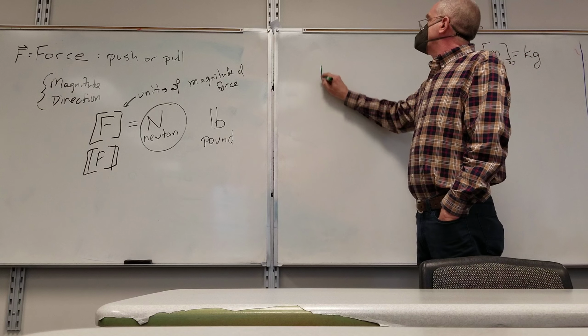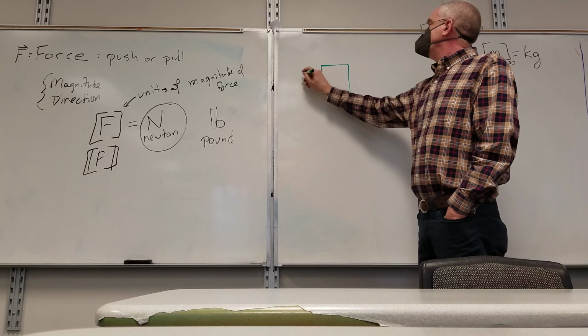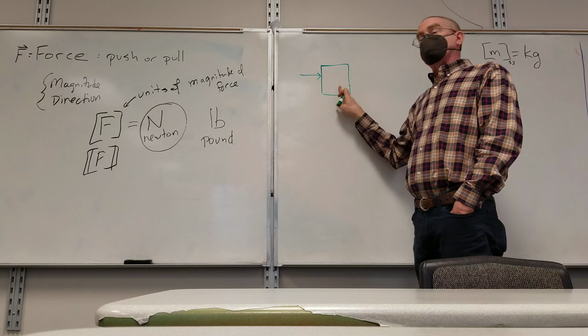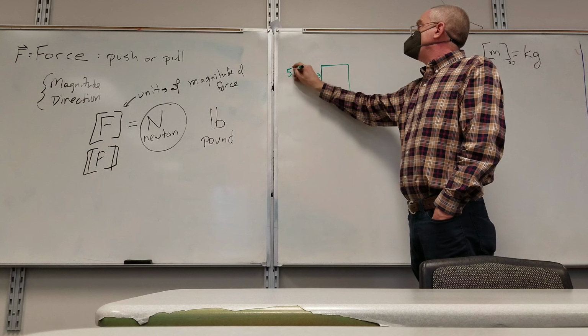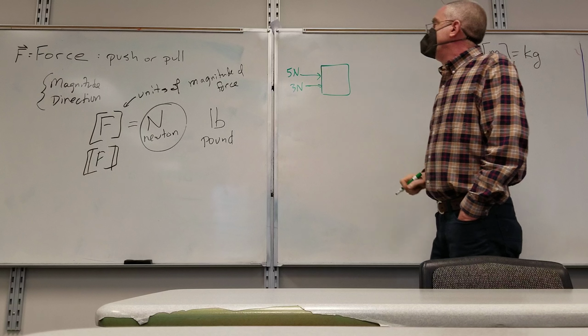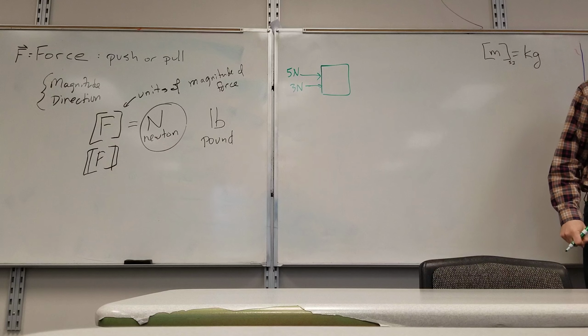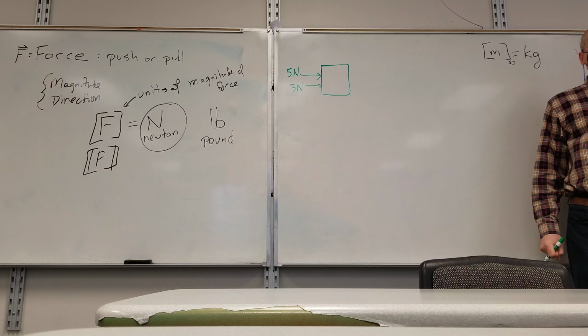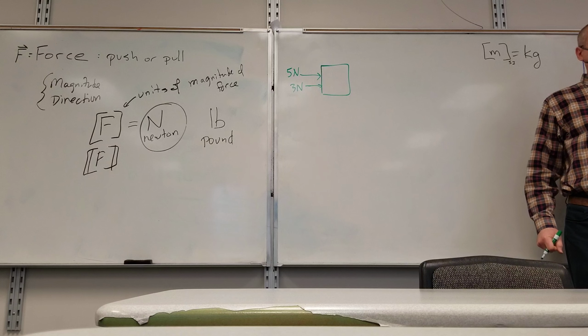All right, so let's do some basic problem here. I've got a box, and I'm pushing on it with a 5 Newton force, and I push on it with a 3 Newton force. What is the total force acting on the box? 8 newtons.